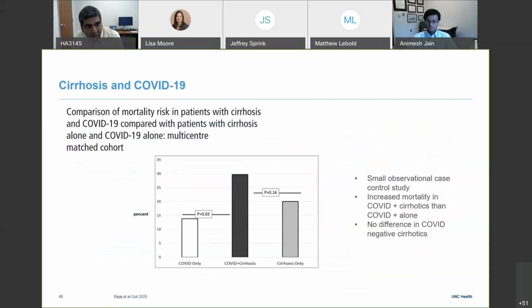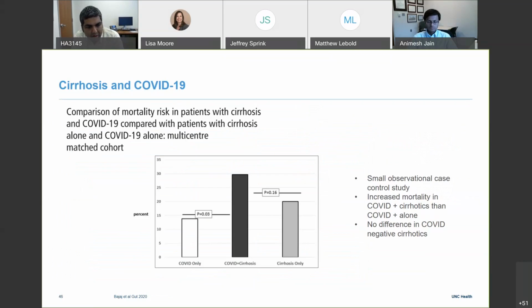In terms of cirrhosis in COVID-19, this is kind of like a no-brainer, but obviously those who have cirrhosis tended to do more poorly when they had COVID versus those who had COVID only. This is a pretty small trial that was done, but it alluded to the point that the mortality rate of those who had cirrhosis and had COVID-19 was around 30%.